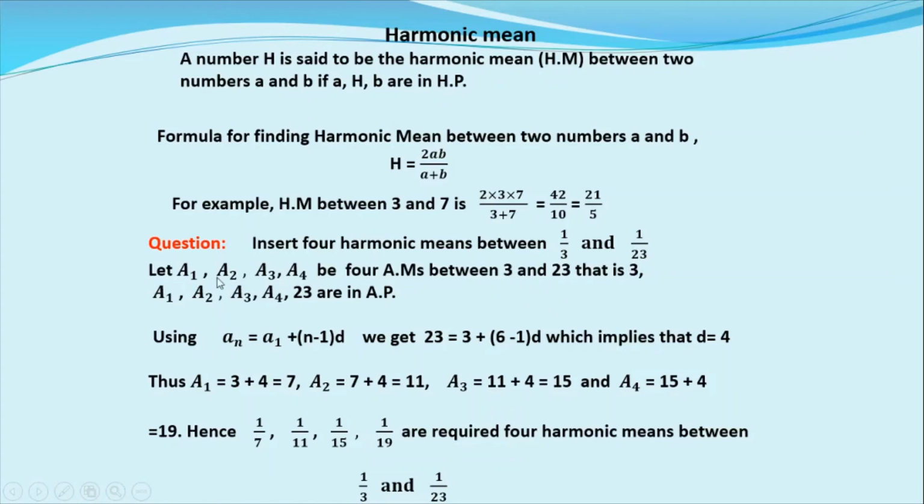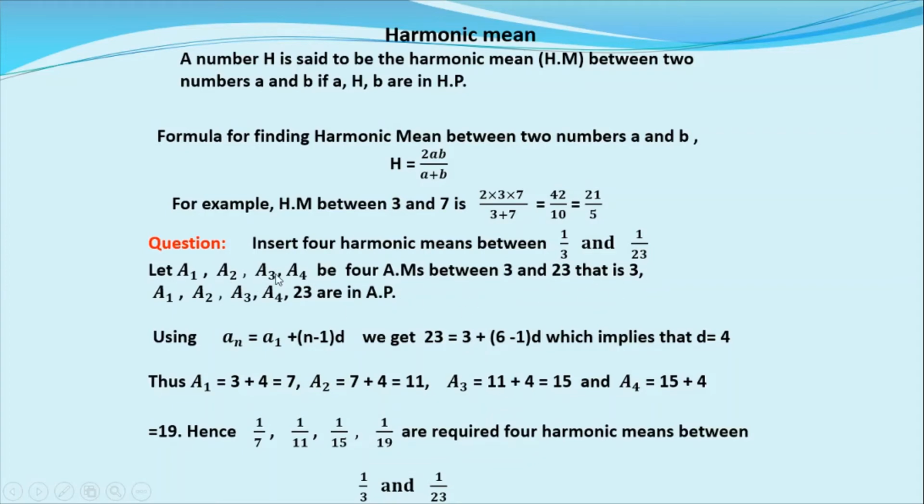Let A1, A2, A3 and A4 be four arithmetic means between 3 and 23. Directly we cannot find the harmonic means between these two numbers. So we will take the reciprocal of these two numbers and find four arithmetic means between them, and at the end we will take the reciprocal of all these numbers.